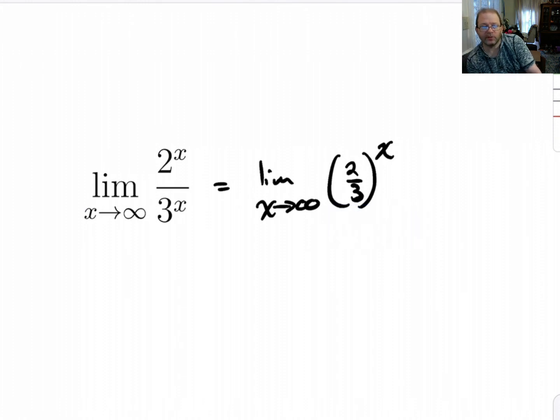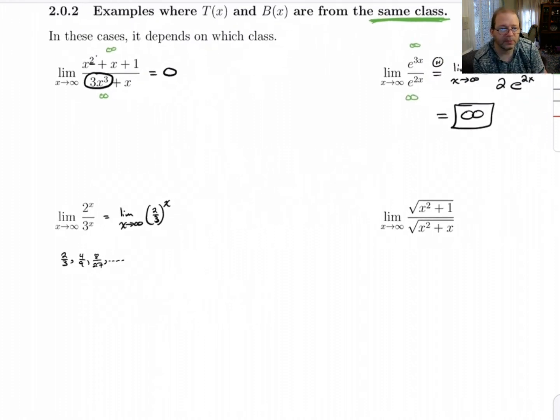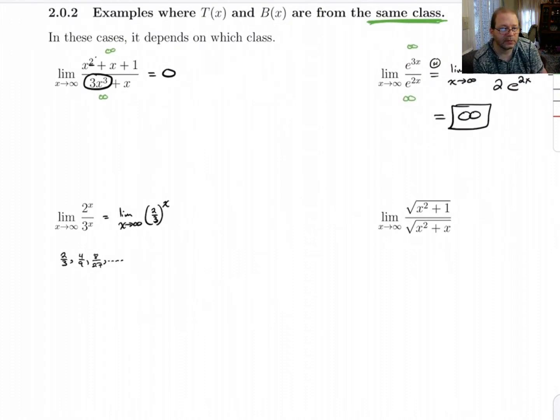Because with 2/3, you can almost think of this like a sequence. 2/3, then when x is 2, you get 4/9, and then 8/27. You can see that it's going to 0. So this is 0.